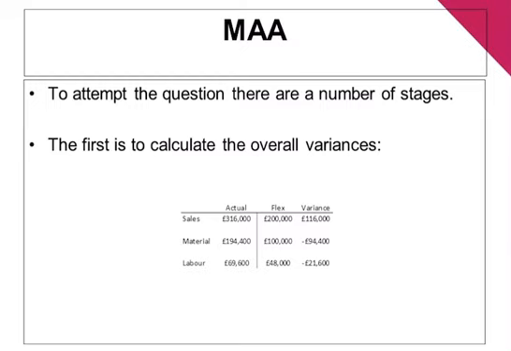So now what we're going to do is break that down further, and we will look first at sales, then materials and labor in that order. We will look at these variances in detail, going all the way down to planning and operational.